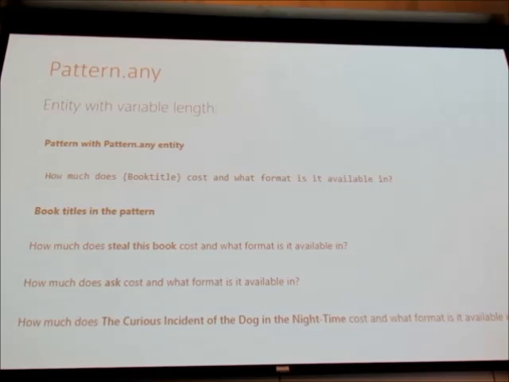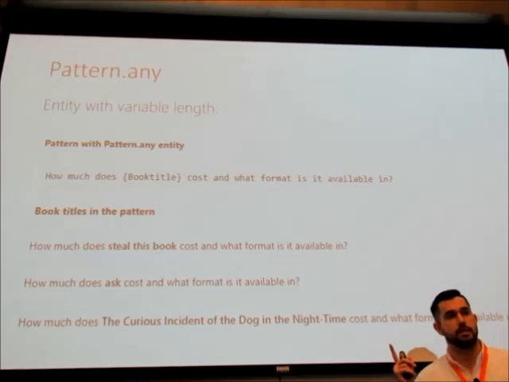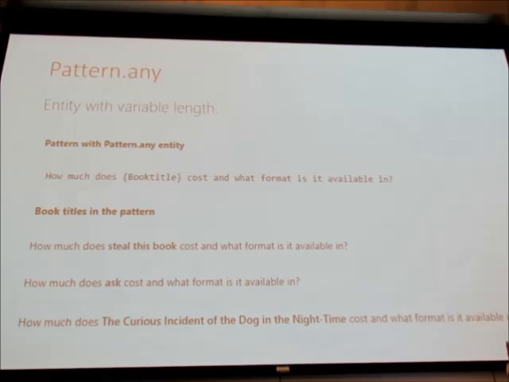With patterns, we have a very special case, which is a separate entity that wasn't on my original list, which is Pattern.any. With this entity, using the template or the order of the sentence, we can say, hey, this entity might have a very different length. It can be one letter, and it can be an entire sentence, but I want you to treat that as one block, one entity.